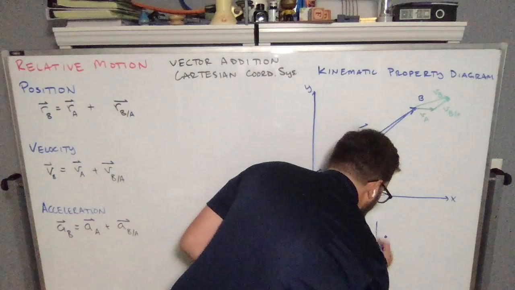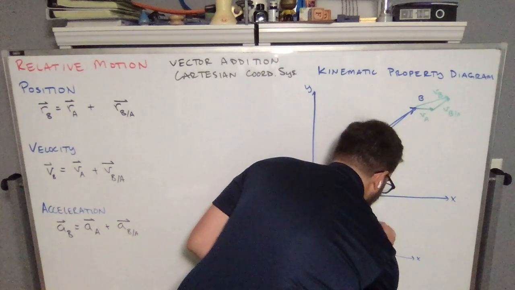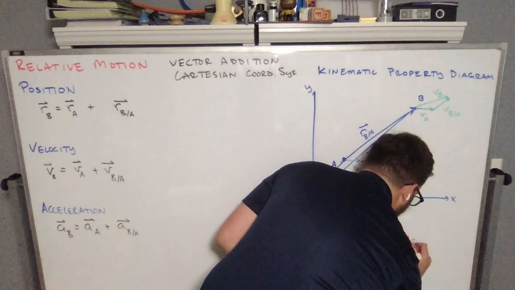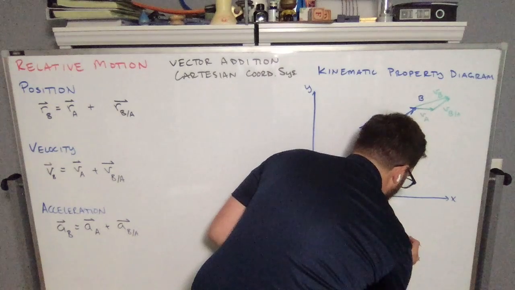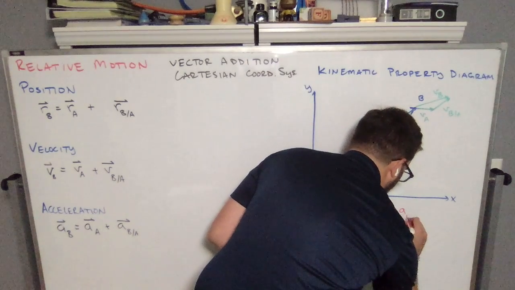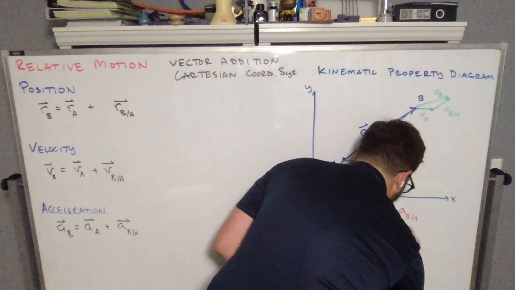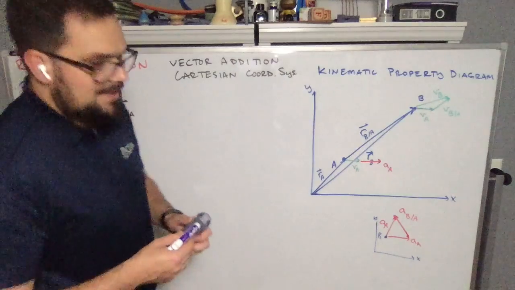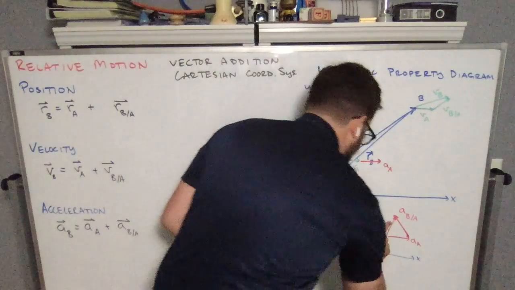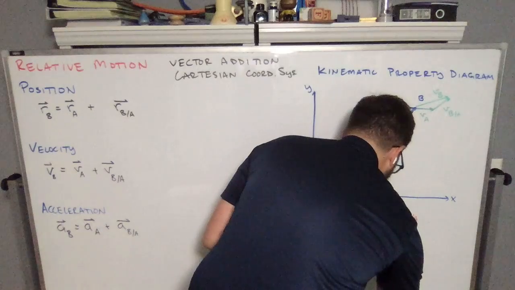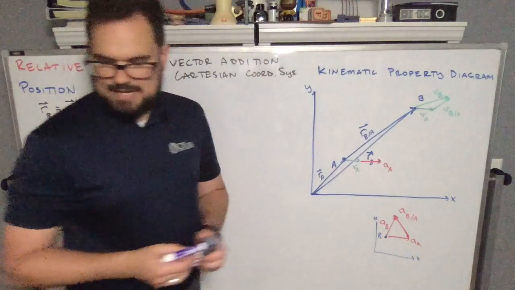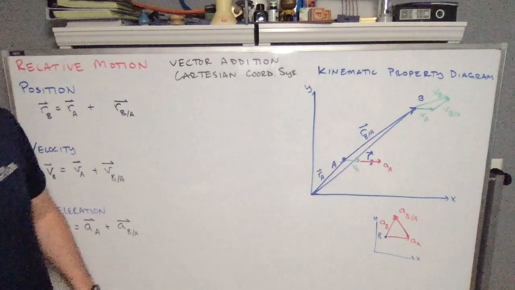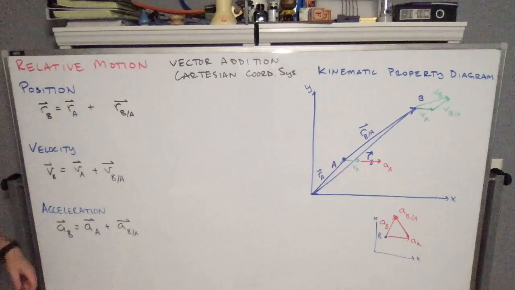If I've got my B down here, I might have something like the acceleration of A plus the acceleration of B with respect to A is going to give me the overall acceleration at B. And so sometimes we might have to draw a separate diagram like that. But this is the basic idea of what we're looking at. We're just using that vector addition to add them up.